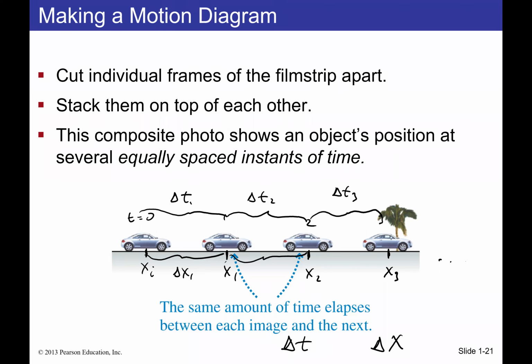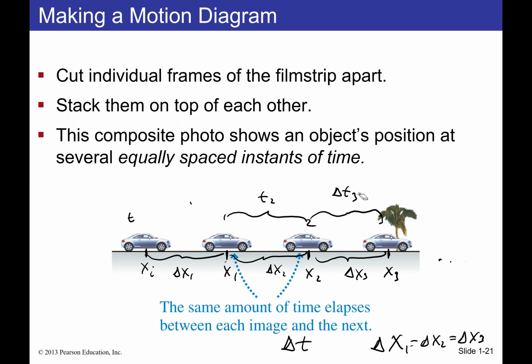So here, delta x1, delta x2, delta x3, in this particular motion, you can see they're more or less the same. That means same time interval and the same distance covered during those time intervals. And we're going to see that this is a very specific type of motion.